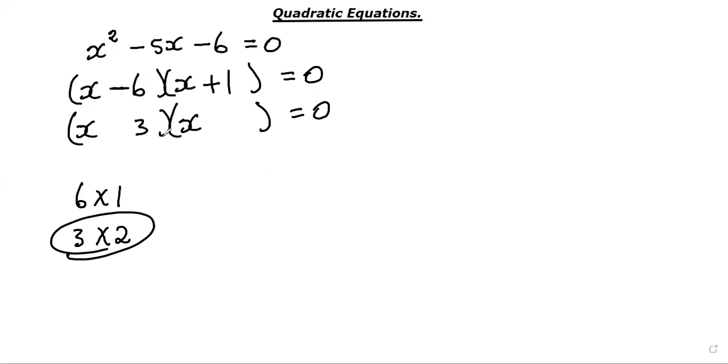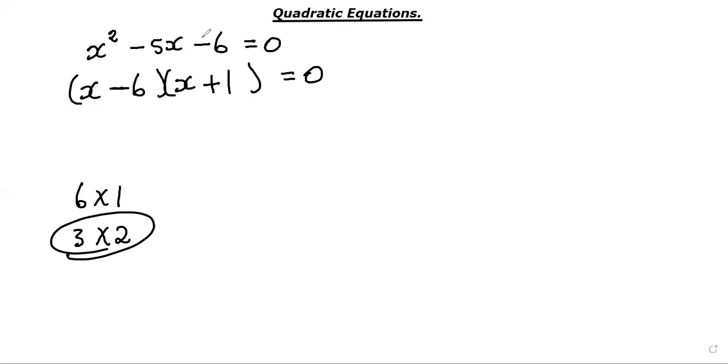So what is the conclusion I can give you in order to make your life a walk in the park? You have to know that if the last term is negative, these factors must be opposite in signs. So meaning if one is positive, the other one has to be negative and vice versa.